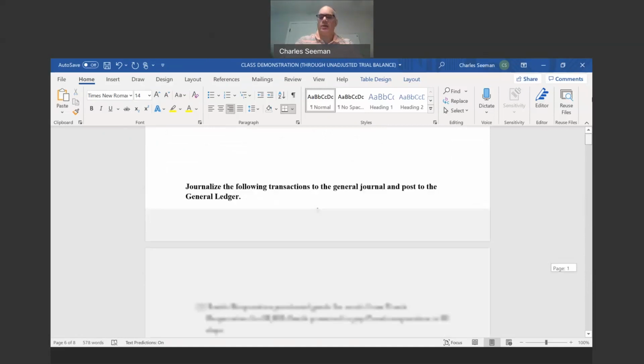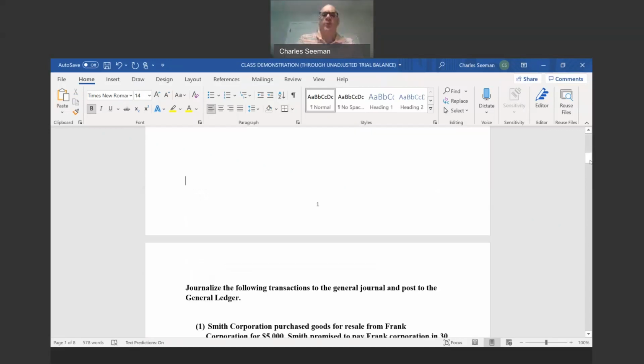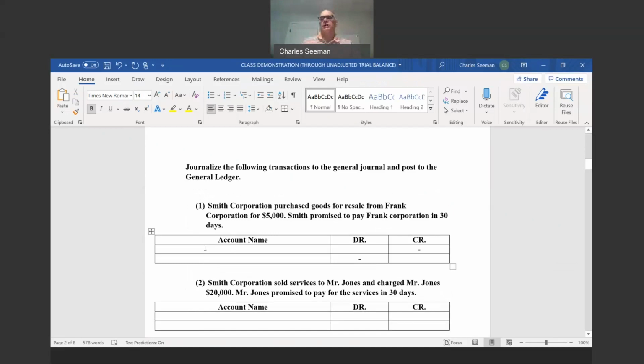Some transactions. The first one, Smith Corporation purchased goods for resale, $5,000. Smith promised to pay Frank for what Smith got from him for resale. He promised to pay as an accounts payable.